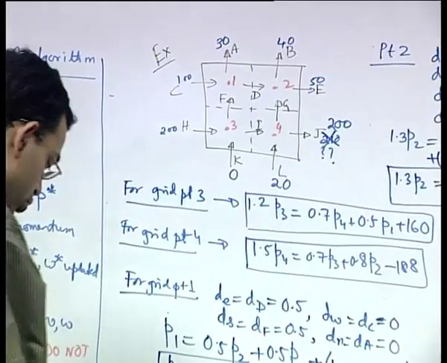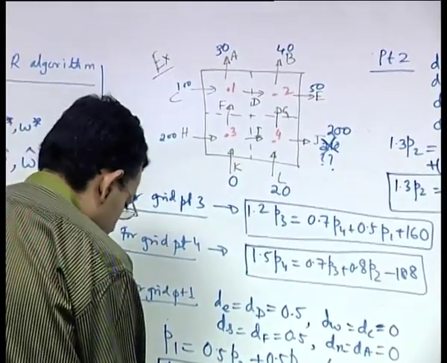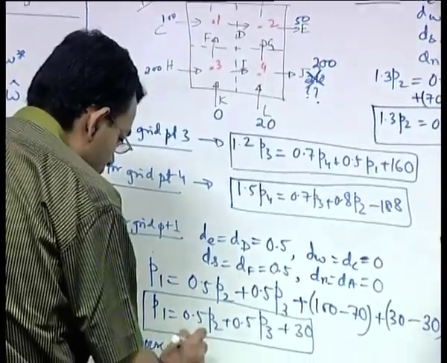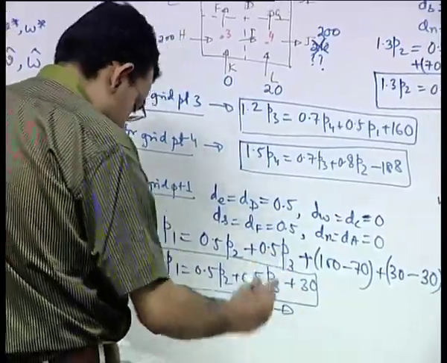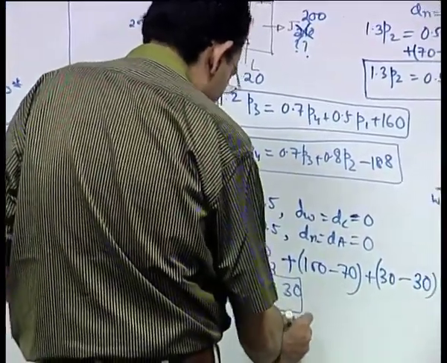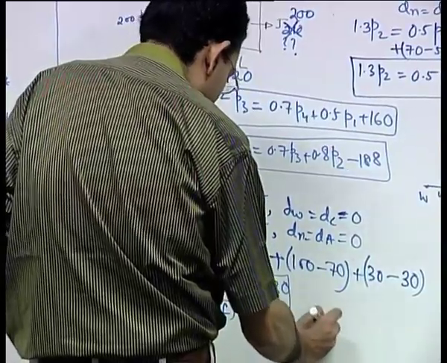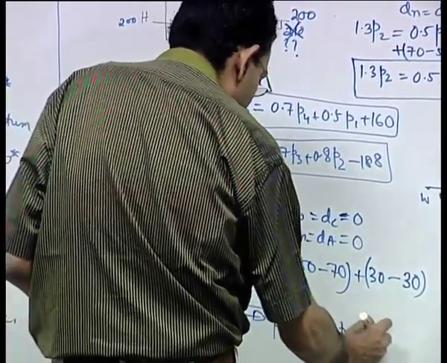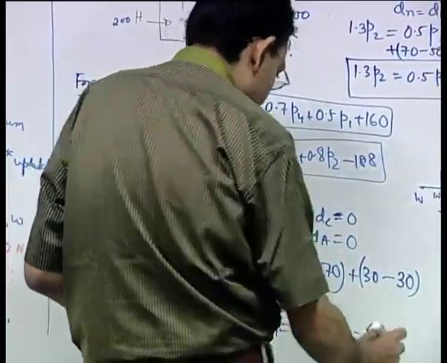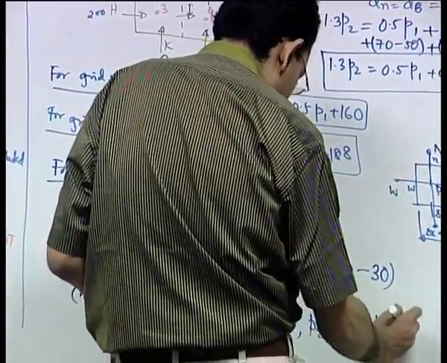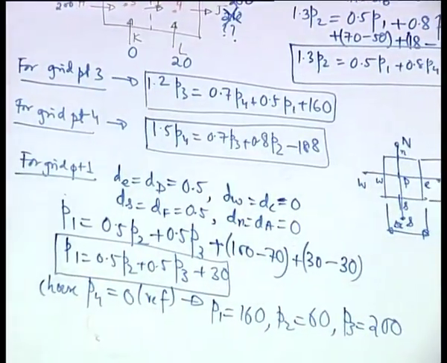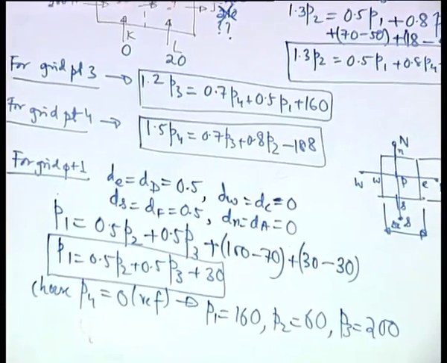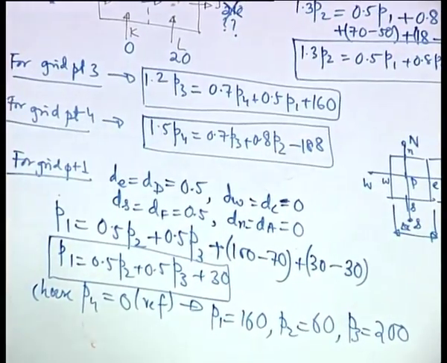So, if you choose P4 equal to 0 just as a reference, then from these equations you can solve for P1 is equal to 160, P2 equal to 60, P3 equal to 200. So, these are the values which you can check later on.